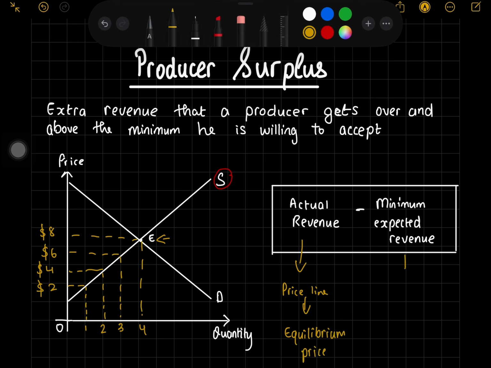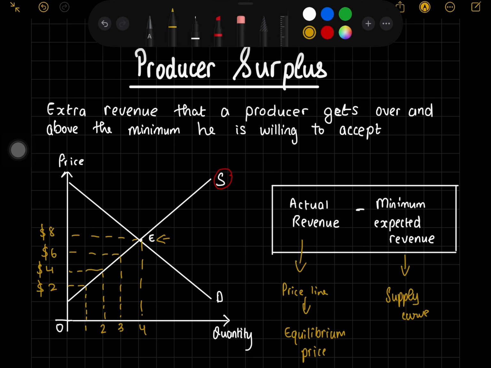While the minimum expected revenue is shown by the supply curve. For the first unit, he will be in fact satisfied if he obtains $2 because that's the minimum he is willing to obtain. It's the minimum he expects to obtain.